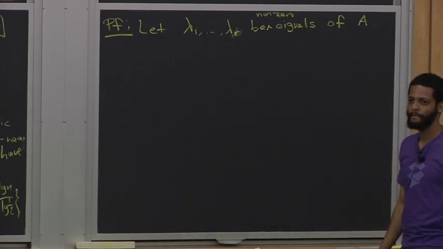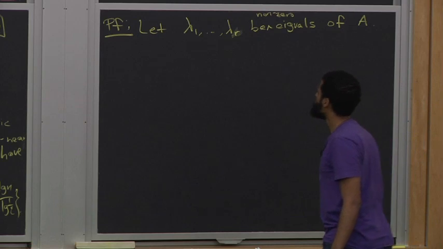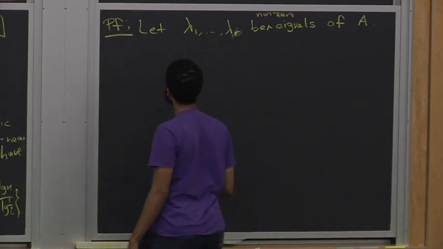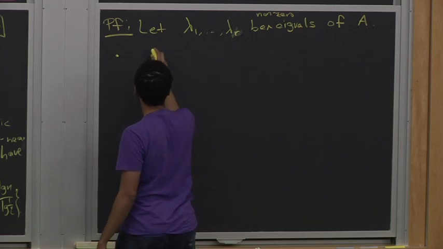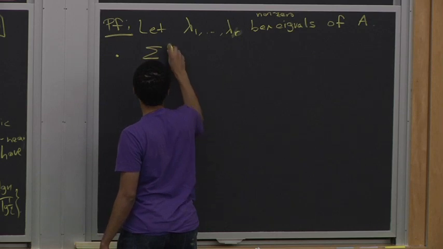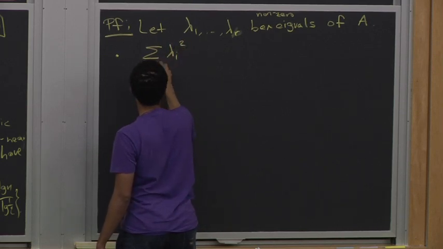Now, on the one hand, we have the sum of lambda_i squared, i from 1 to r.